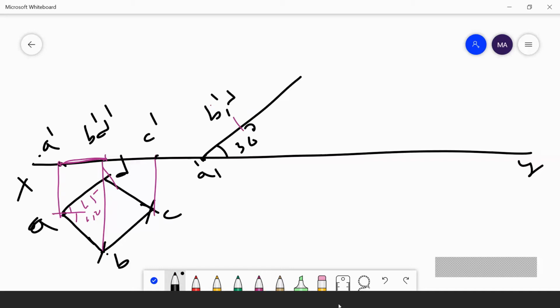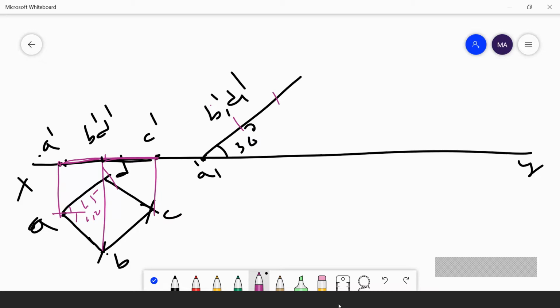Here I will get B1 dash. Next I am measuring from B1 dash to C1 dash. I am measuring this distance. Is it clear? I am measuring with the compass and cutting an arc here.